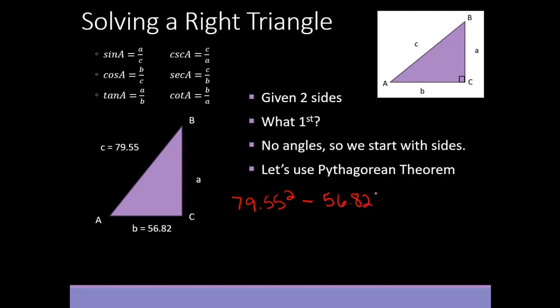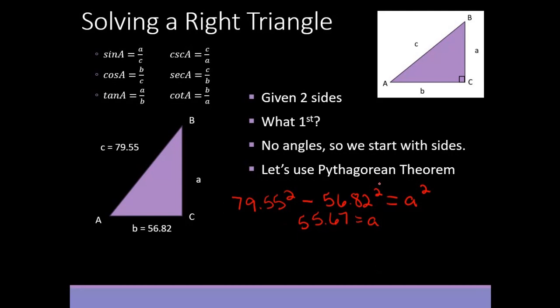Remember I told you you could manipulate this equation in order to get the different sides. So I could do this, and then I could get my answer to be about, now somewhere in there I took this square root.